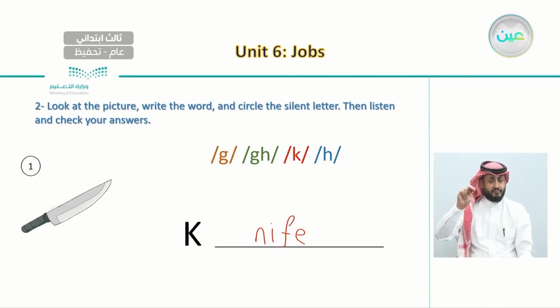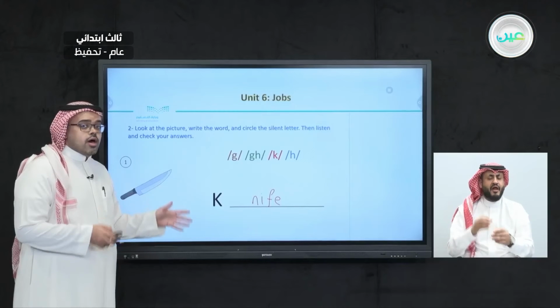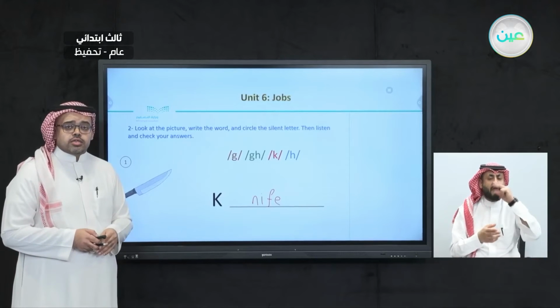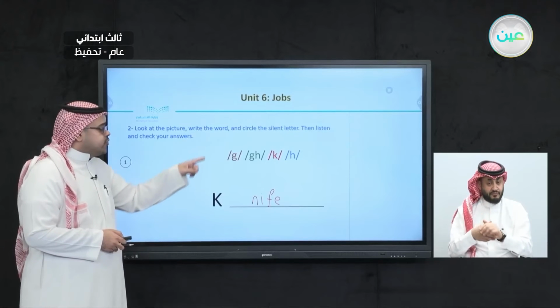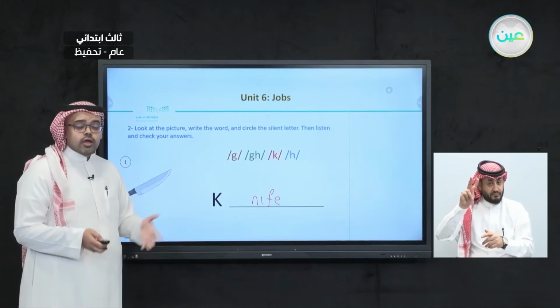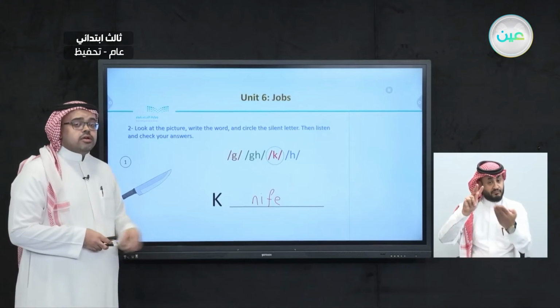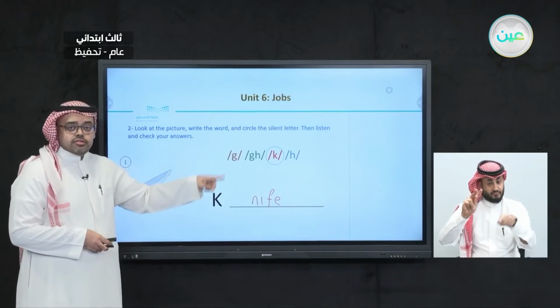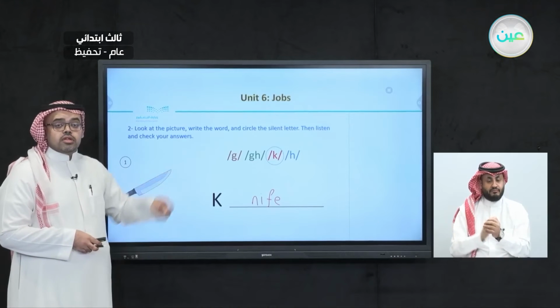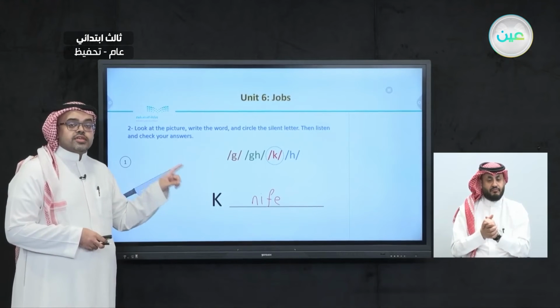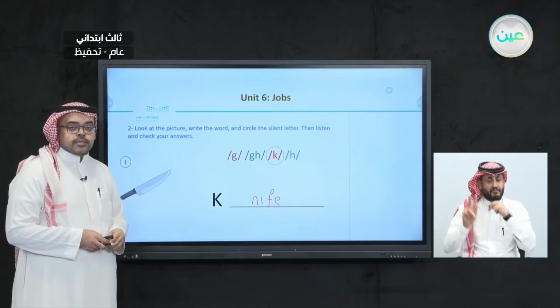Knife. Knife. Very good. So when we say this is knife, what do you think the silent letter is? Is it G, GH, K, or H? Excellent. The silent letter here is K. Circle this letter. This is the silent letter.